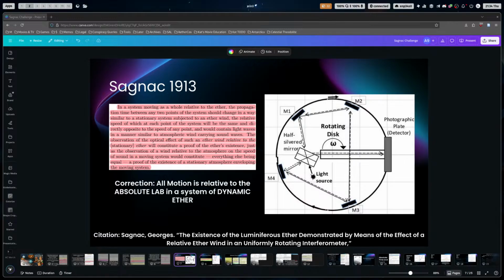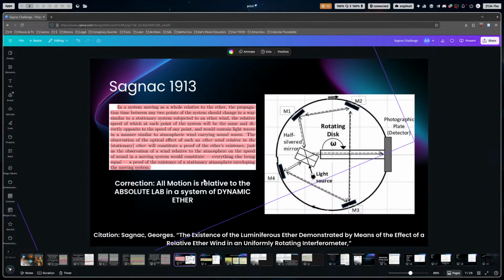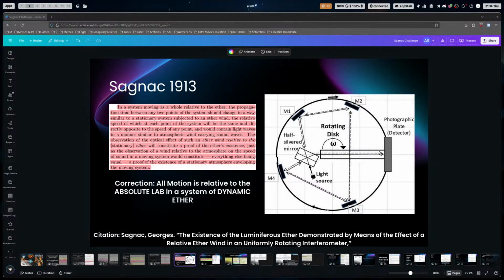Can you please cite me somewhere a textbook that says relativity predicts that the Sagnac effect should not occur? Obviously, there's no textbook that says that, but I have papers from people, because people are discussing it.